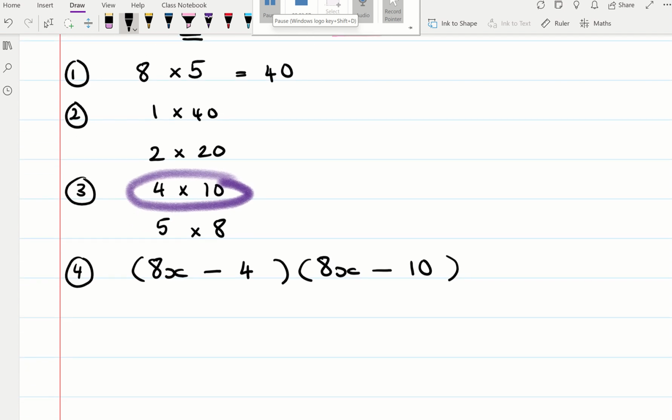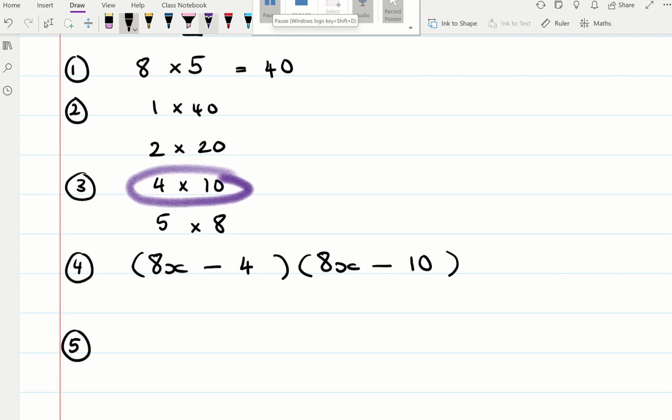And then step 5 to get the final answer is I have to simplify. Well, 8 and 4 both divide by 4. Yes, they both divide by 2, but you have to divide by the highest common factor, the highest number that divides into both. The 10 won't divide by 4, so I divide both of them by 2.